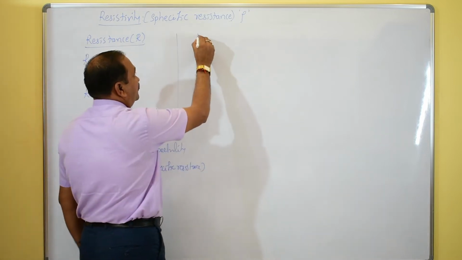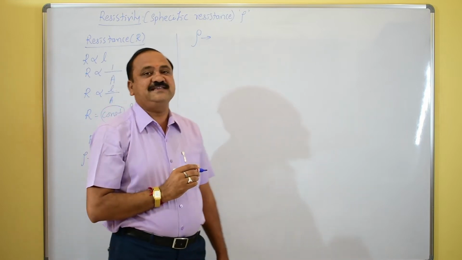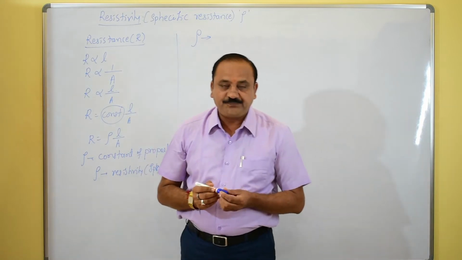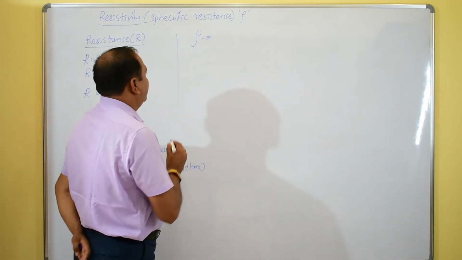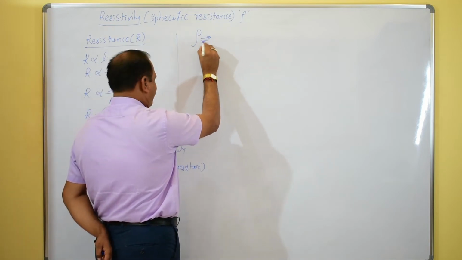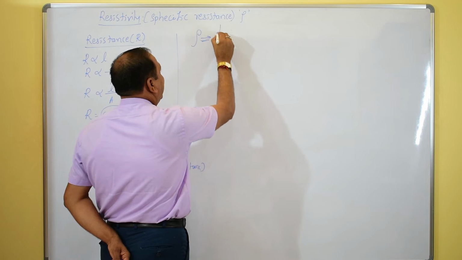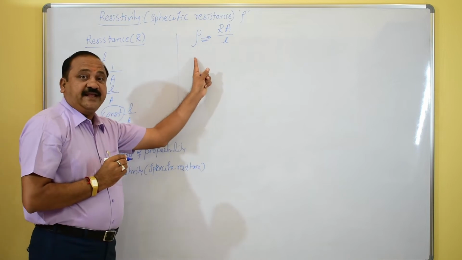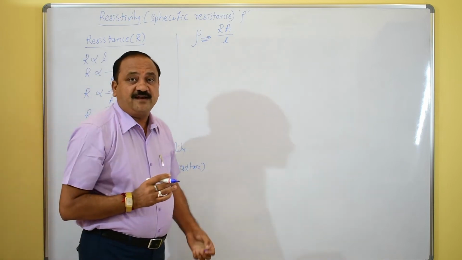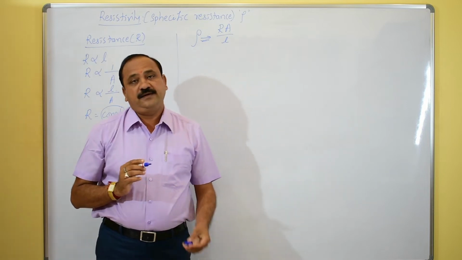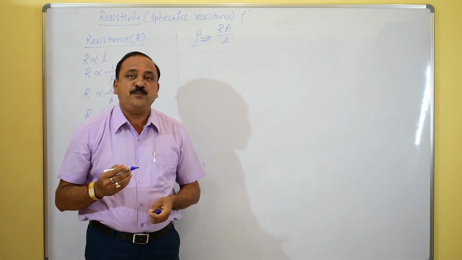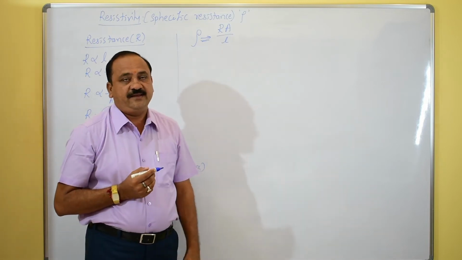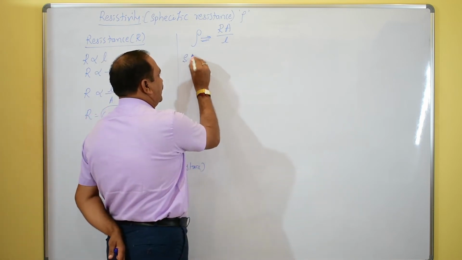Rho is the specific resistance, or resistivity, and rho equals RA divided by L. Resistivity is a property of the material which opposes the flow of electric current. That is an opposing property.